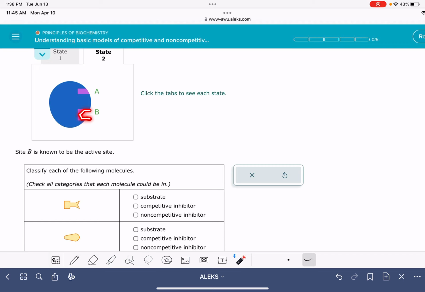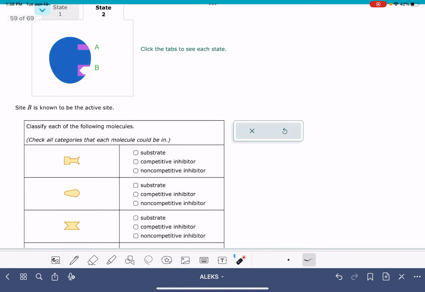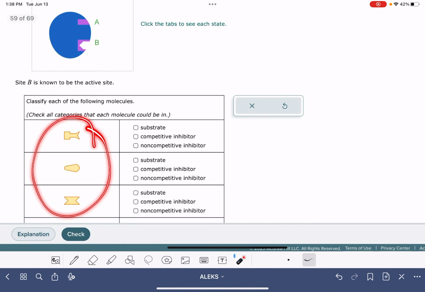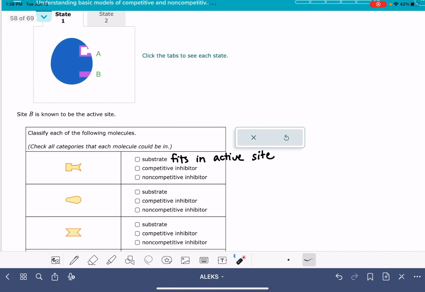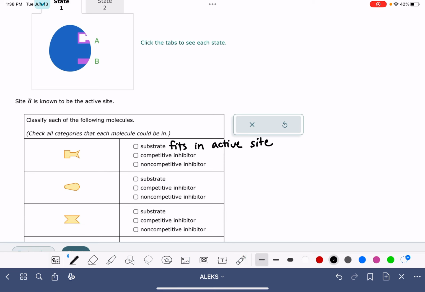Site B has this shape, so the substrate of this enzyme is also going to have that same shape. None of these molecules have that same shape. So none of these molecules are substrates because none of them would fit perfectly into the active site. So we're not going to be able to check that for any of these.